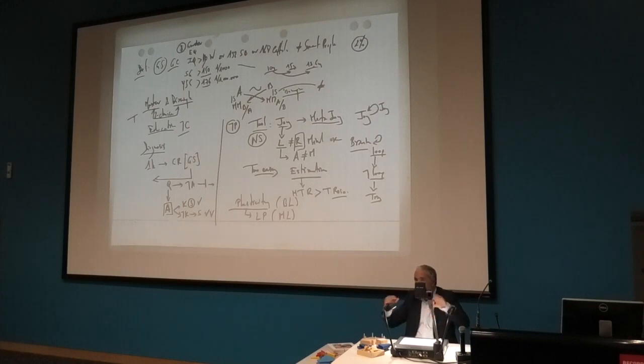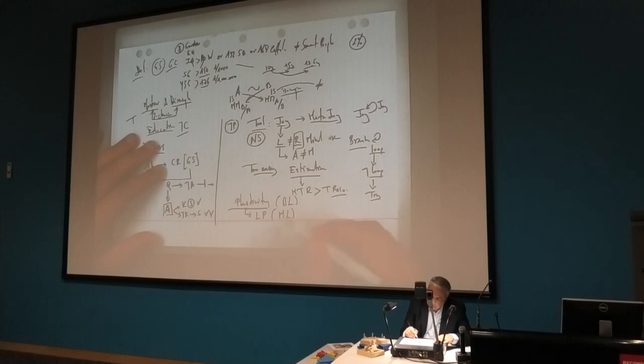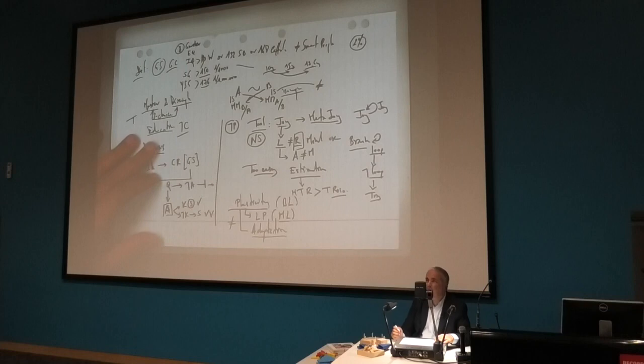And if you don't want to go, I will shut down the lights, it's okay. So plasticity at the mental level is very difficult. Why? Because plasticity is not adaptation. Totally different.